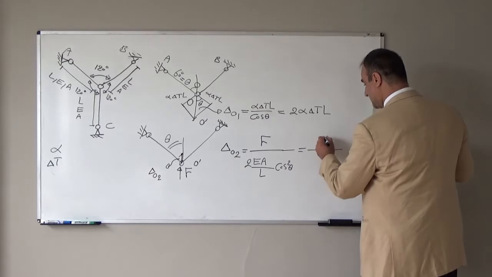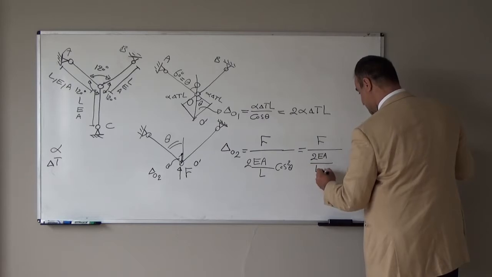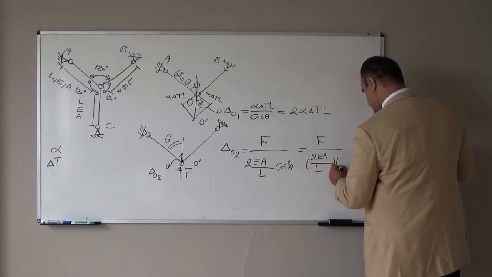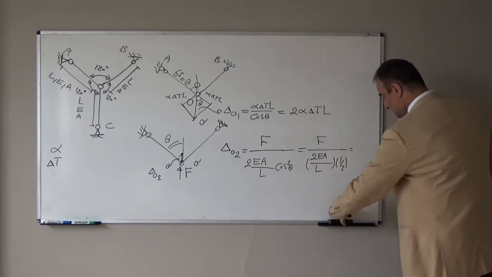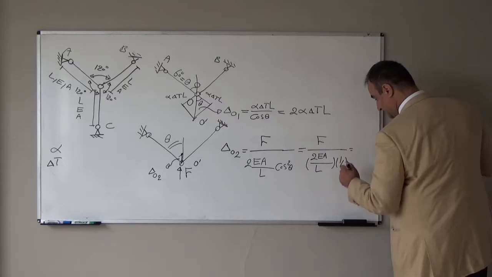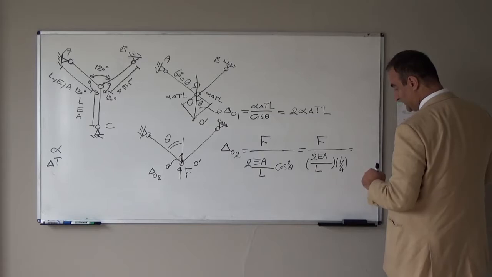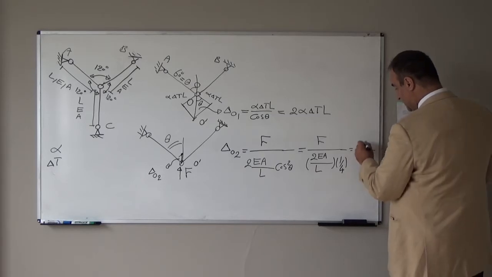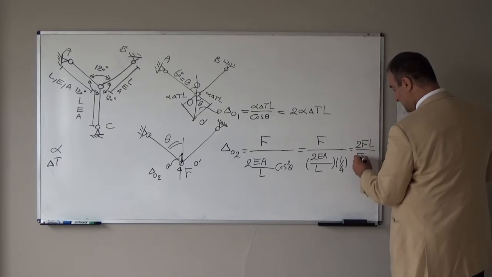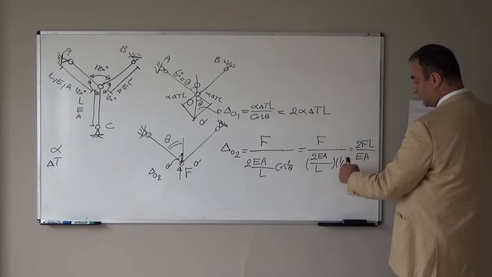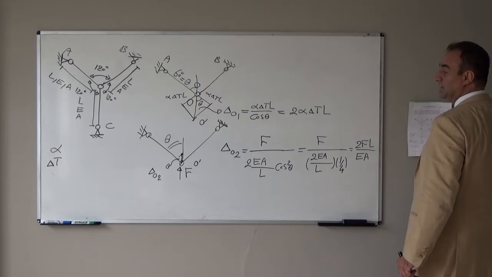So if I simplify this, this will be 2EA over L times 1 over 4. From here, 2 will cancel with this 4, so we will have 2 here. This will be equal to 2FL over EA. Of course, it was 4FL over 2EA. They will cancel, so 2FL over EA.